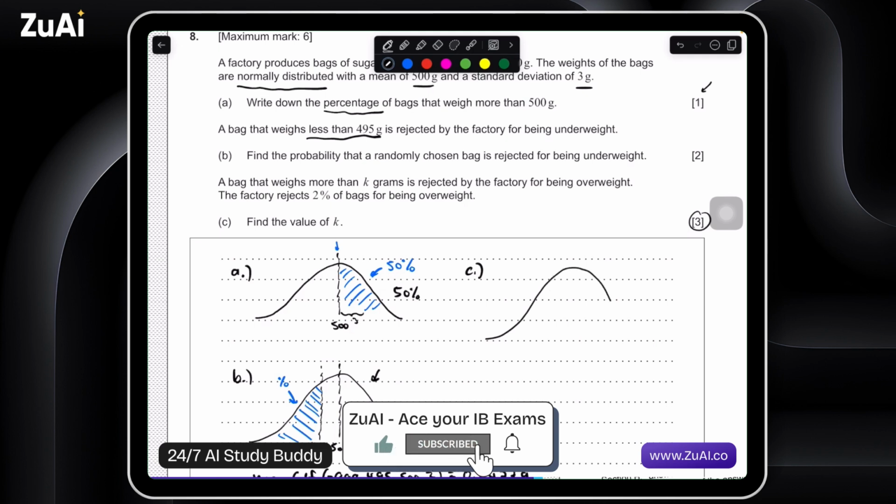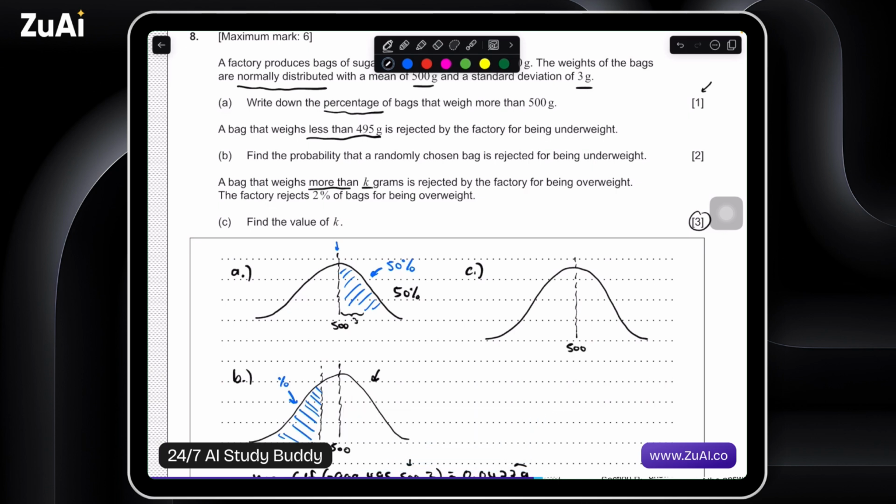Same idea. I think it's always a good idea to draw a graph, just because it helps scaffold things. So a bag that weighs more than k grams is rejected for being overweight. The factory rejects 2% of the bags for being overweight. So in this case, if it's more than a certain cutoff point, now we're looking for a cutoff point and not a percentage. We have the percentage.